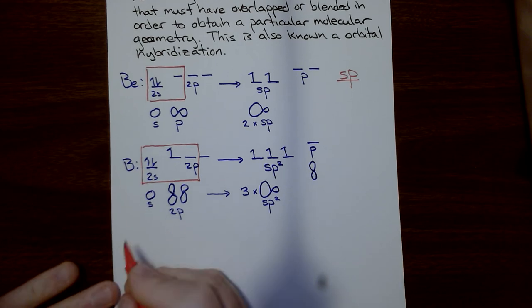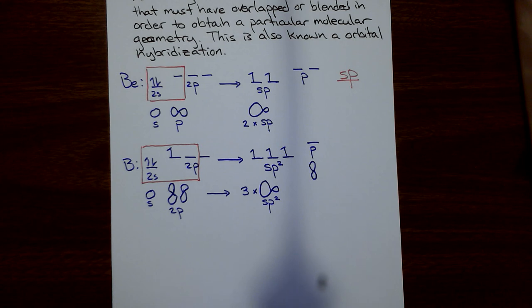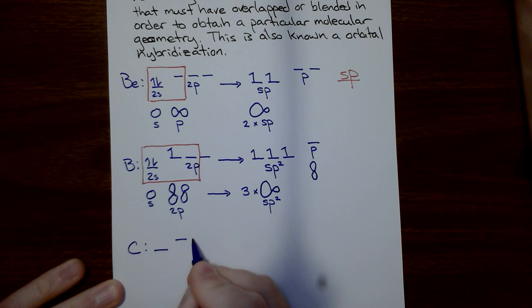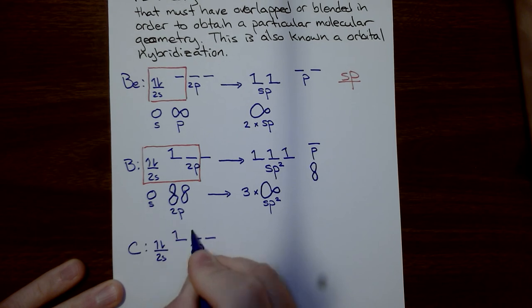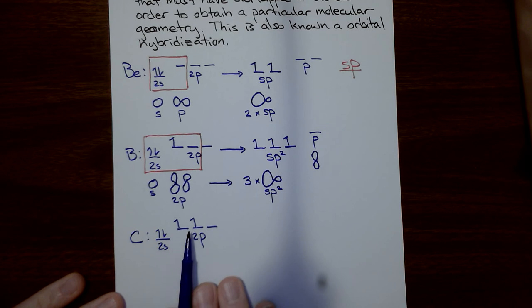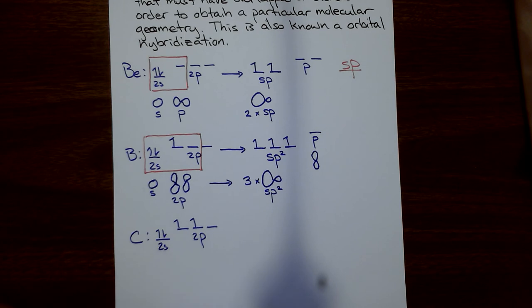And then we have carbon. Let's look at how carbon hybridizes. Carbon has the same orbital diagram where you have 2s, 2p, and 4 electrons in it. In this case, carbon would only be able to make 2 bonds, but carbon has to make 4.